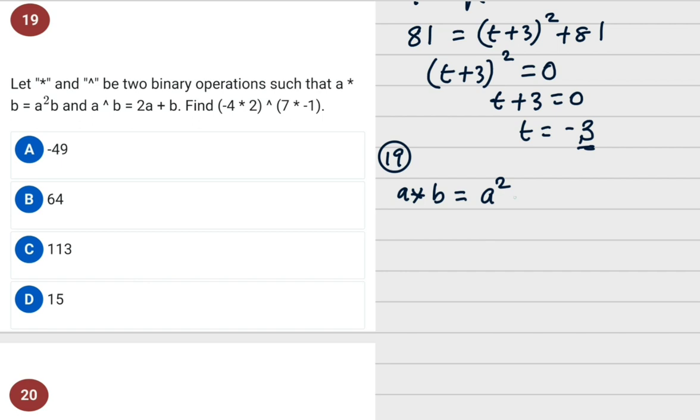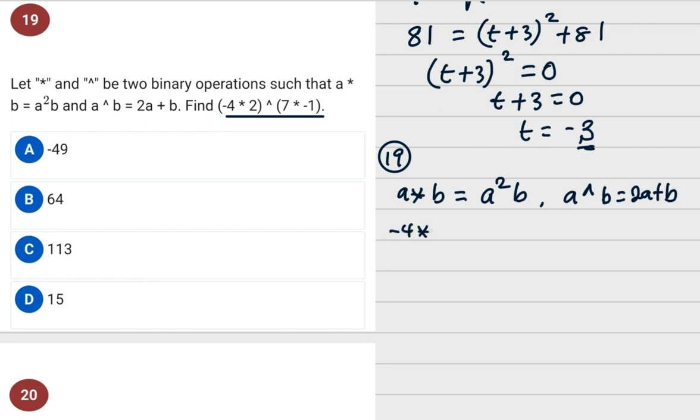Then we have A operation B to be equal to 2A plus B. Now we are told that we should find this expression here.